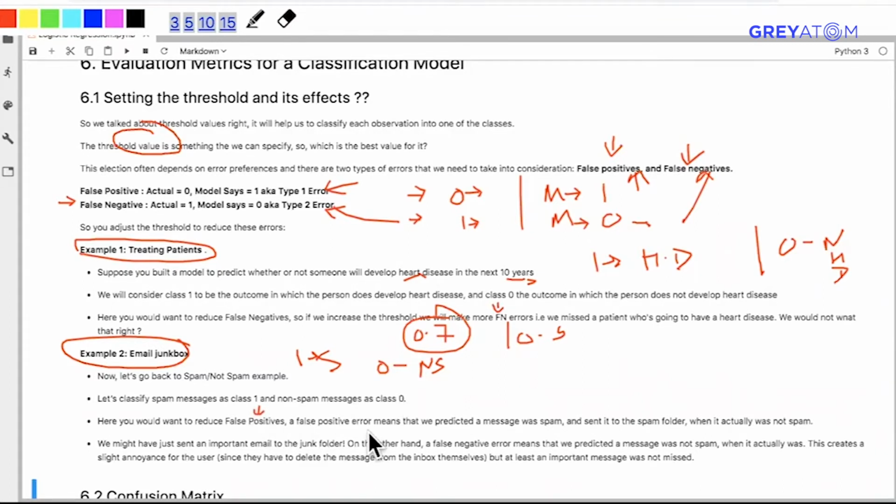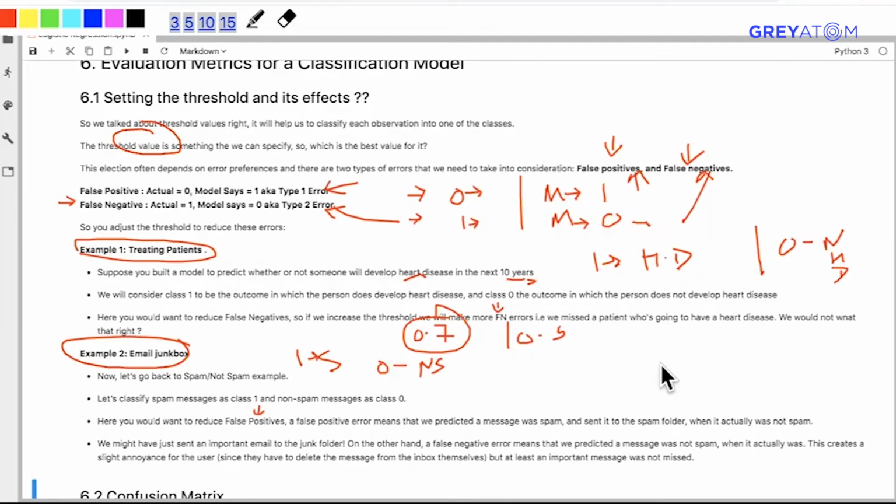What exactly was a false positive? The false positive was that we predicted the message was spam and it was sent to the spam folder when it was actually not spam. So there was an important calendar event that went to your spam folder. This is the mistake that we don't want to make. Otherwise, if spam comes into your inbox, I know this is a little annoying, but you can always delete it.